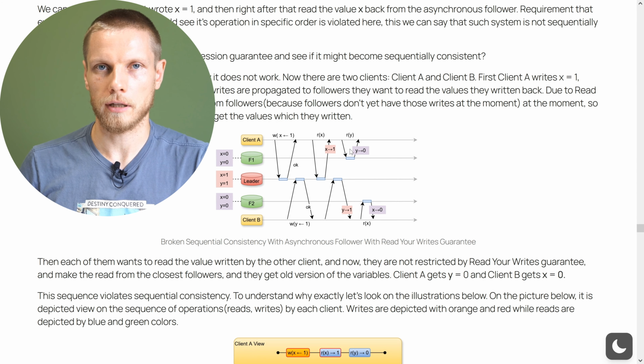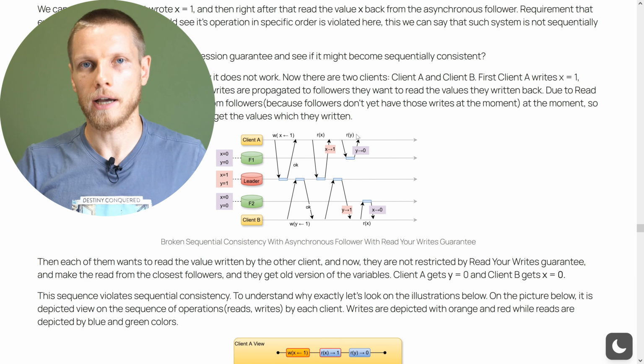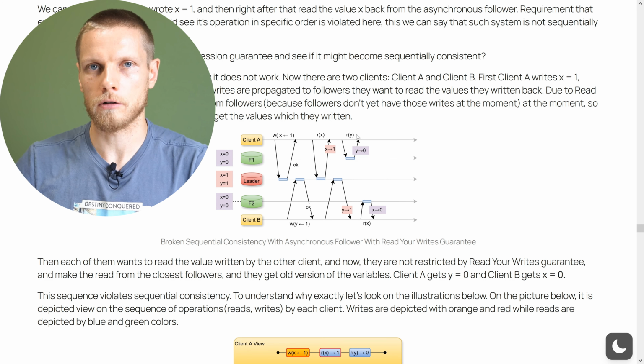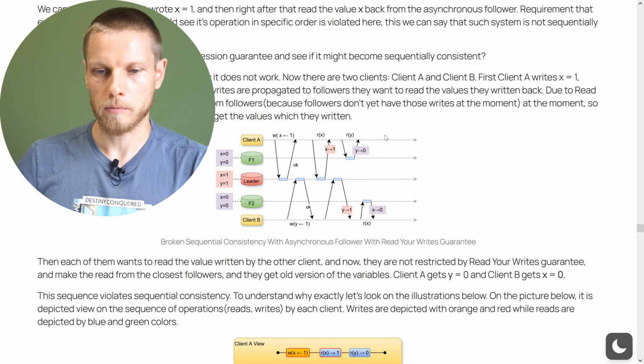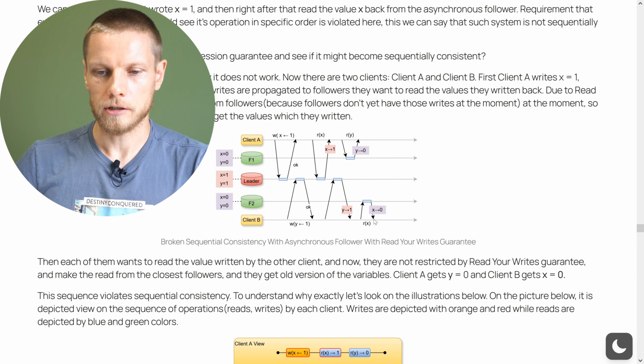The only guarantee we imposed is read your writes, and that is satisfied, and Y was written by another client, so it has nothing to do with our guarantee. So it reads 0, and client B reads X from a follower and also gets 0.